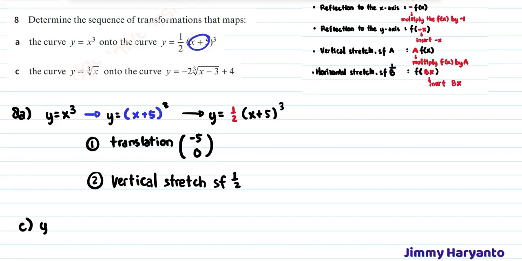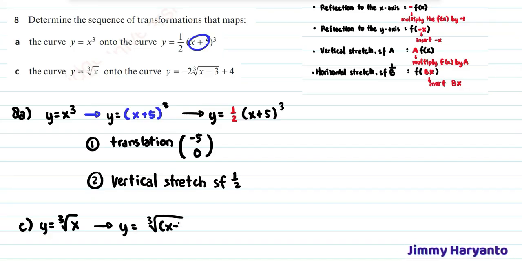Next is 8c. For 8c, we have y equals cube root of x. I will do this one first, cube root of x minus 3. Sorry, this one first. And then next I want to do the 2 first.